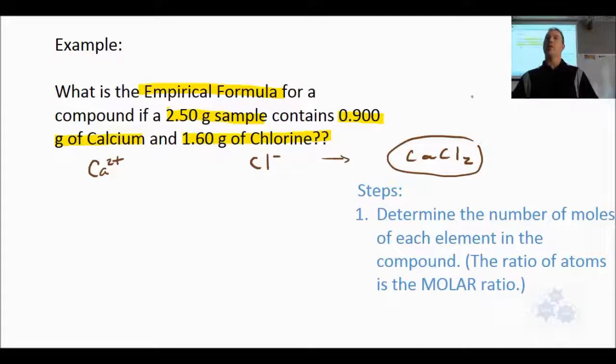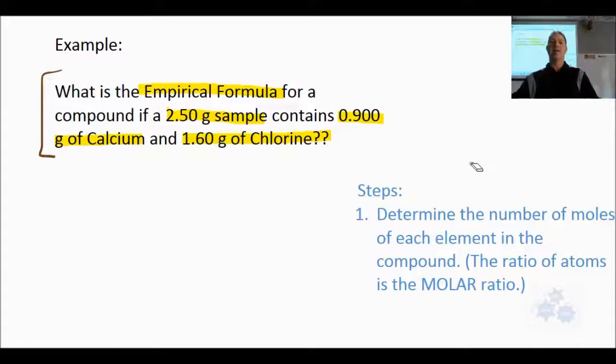Because this is a simple question, we're going to explore how to do this type with a simple one. So you have that in mind already, okay? This is not how you do this question. That's not how you find the formula. But we already have this in mind that, hey, calcium and chlorine is probably going to form CaCl2. So we're just going to keep that in the back of our mind as we go through this. Let's see if this particular compound follows those rules.